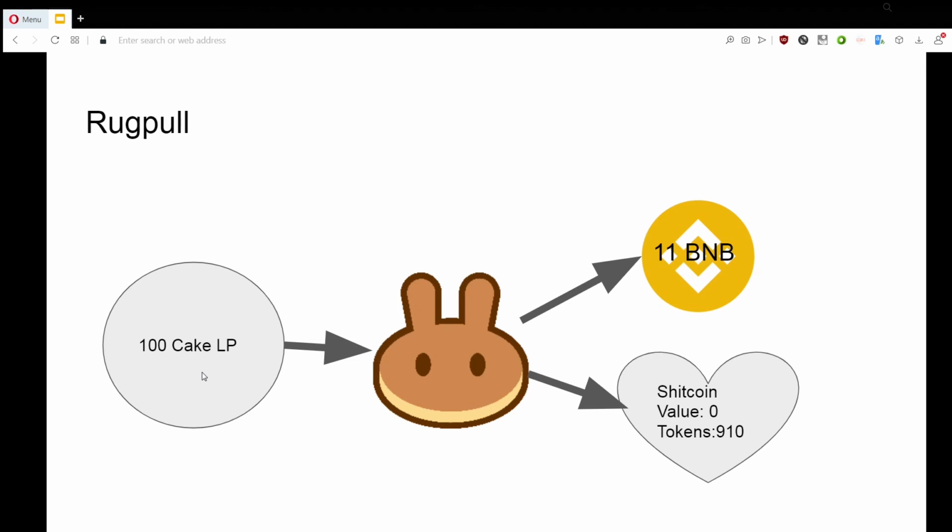In which case they cannot remove the liquidity pool and they cannot rug pull you. So you have to take a look at where the Cake LP is. If the Cake LP is unlocked, this can happen anytime. They remove your money and the remaining amount of tokens.